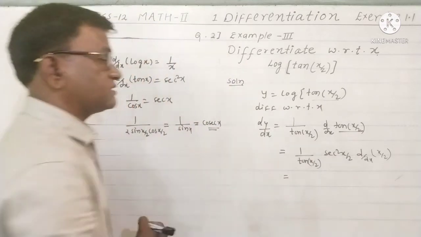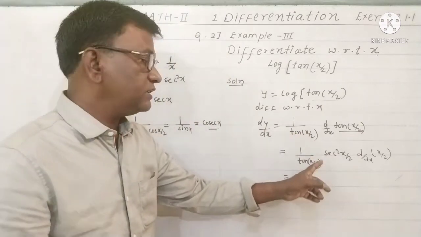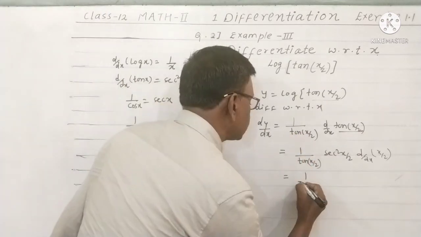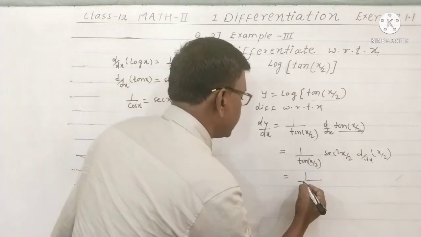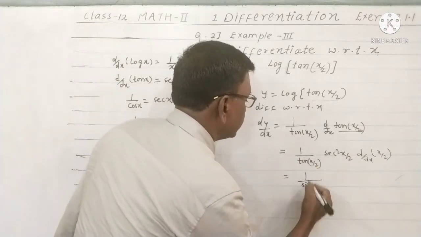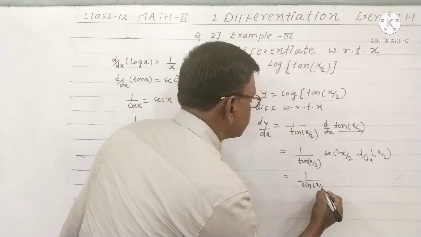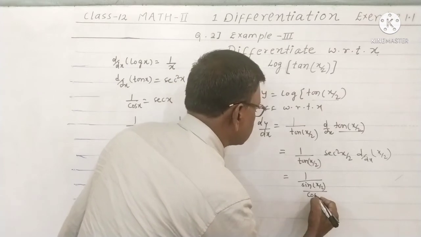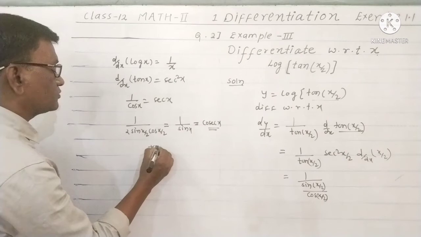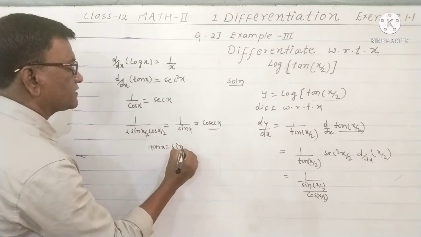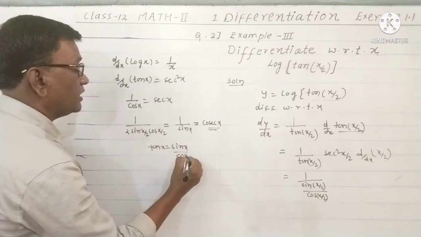We have a formula in trigonometric functions, tan x is equal to sin x upon cos x. So we can write tan x by 2 as sin x by 2 upon cos x by 2, because tan x is equal to sin x by cos x. This formula we have to use here.